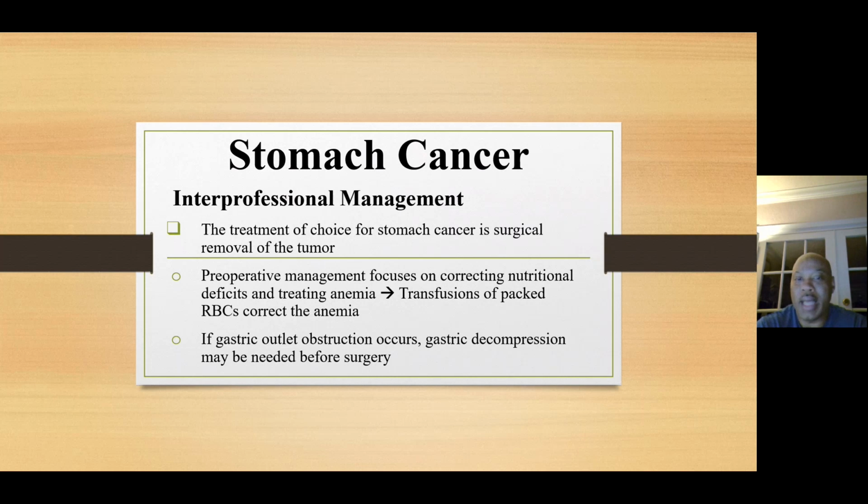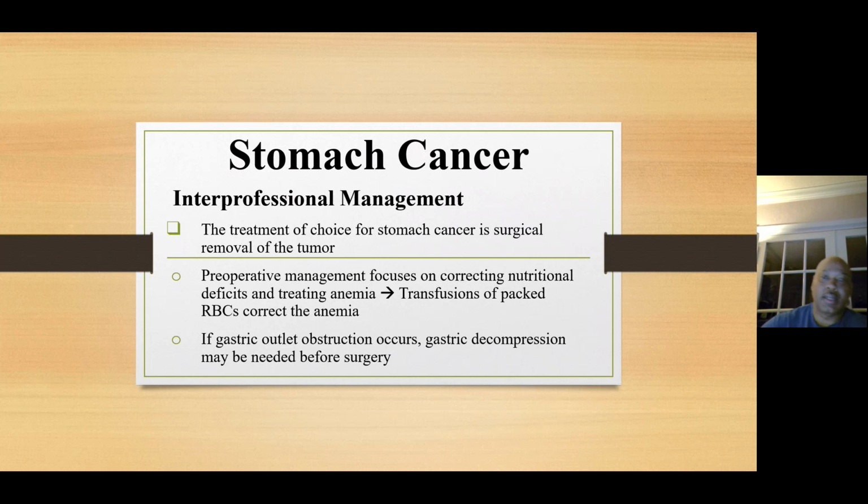Now, if there is a gastric outlet obstruction, then a gastric decompression is going to be needed, and so they might end up putting an NG tube in just to decompress the stomach, because the stomach will be increased in size with a lot of gas that cannot go anywhere.